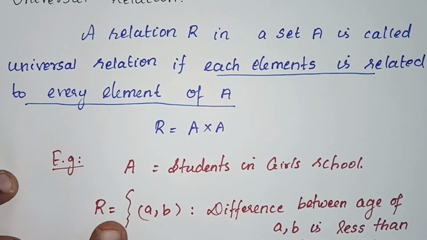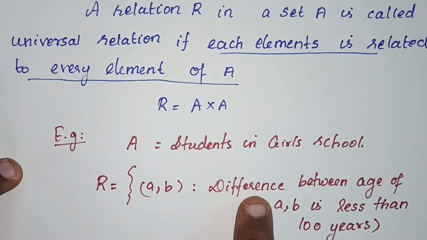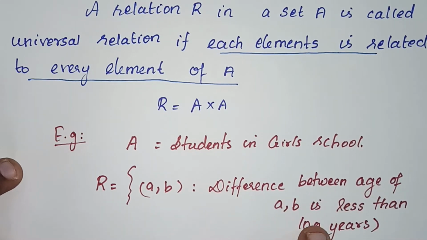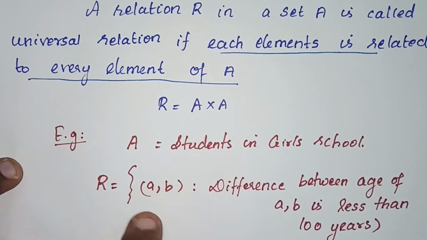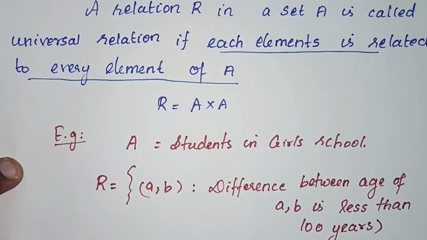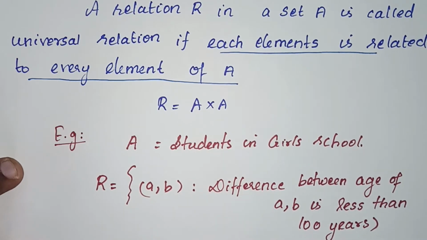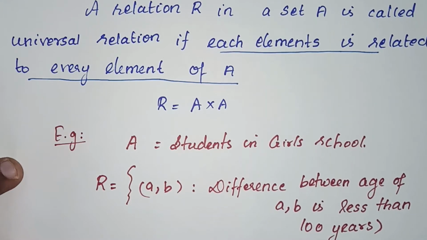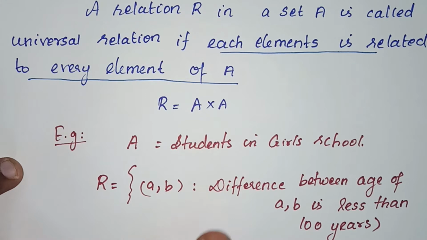The relation given is described as the difference between the ages of A, B is less than 100 years. A, B are the elements in this set A, right? So it is obviously clear that all the students have an age difference of less than 100 years. So each and every element is related to every element. So this relation is called universal relation.